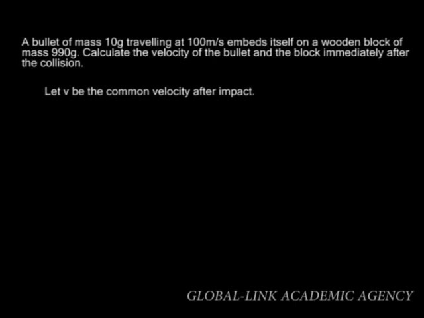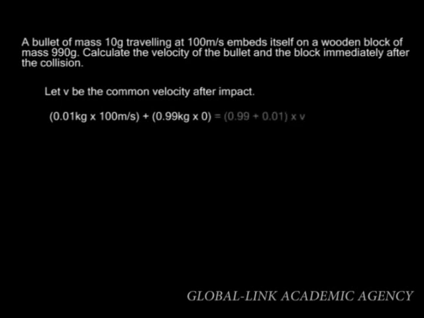Since momentum is conserved, momentum of the bullet before collision, 10 grams, that is 0.01 kilograms, times velocity, that is 100 meters per second, plus momentum of the block before collision. The block is at rest, so we shall have mv, 0.99 kilograms times 0, should be equal to the momentum after collision.